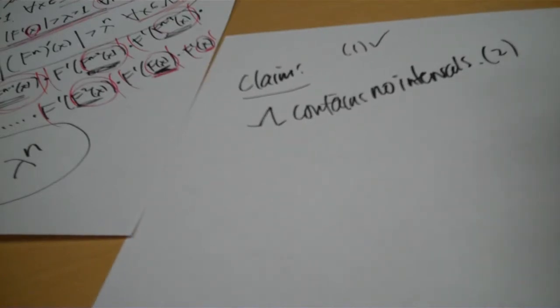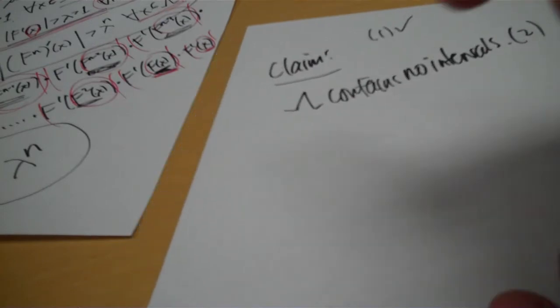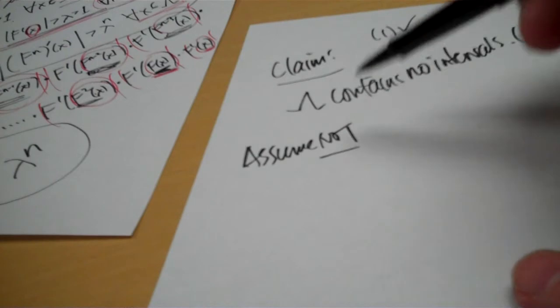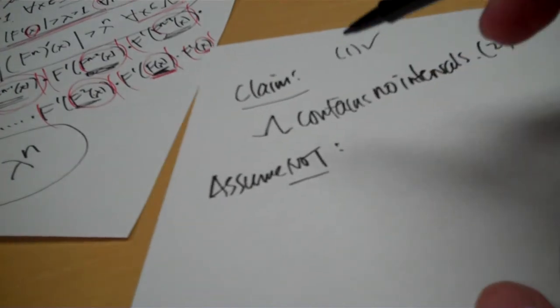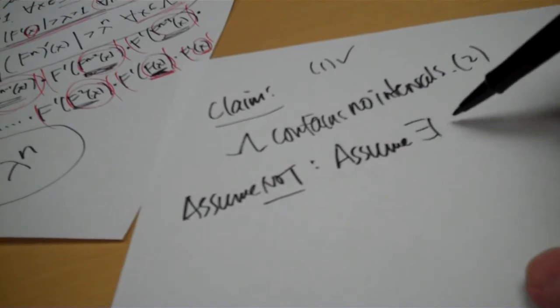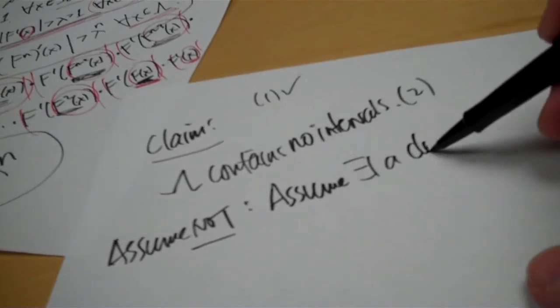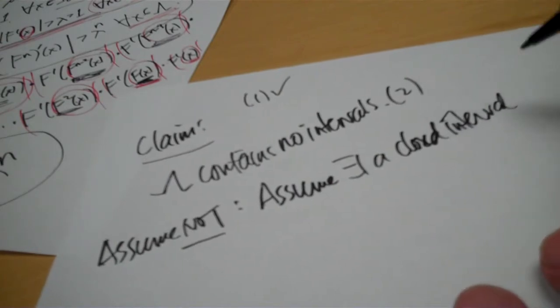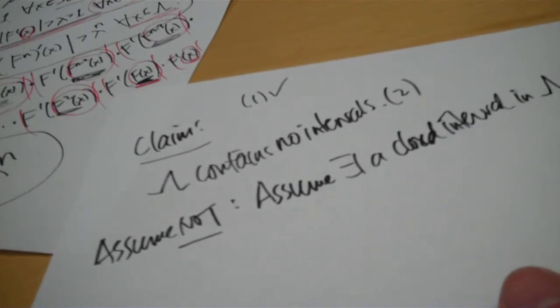That lambda contains no intervals. So how are we going to do that? We're going to assume not and look for a contradiction. That is, we're going to assume that there is a closed interval in the set lambda.